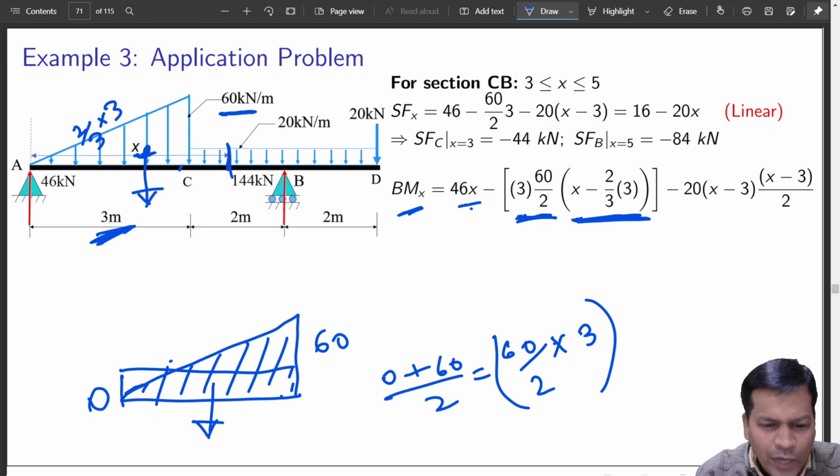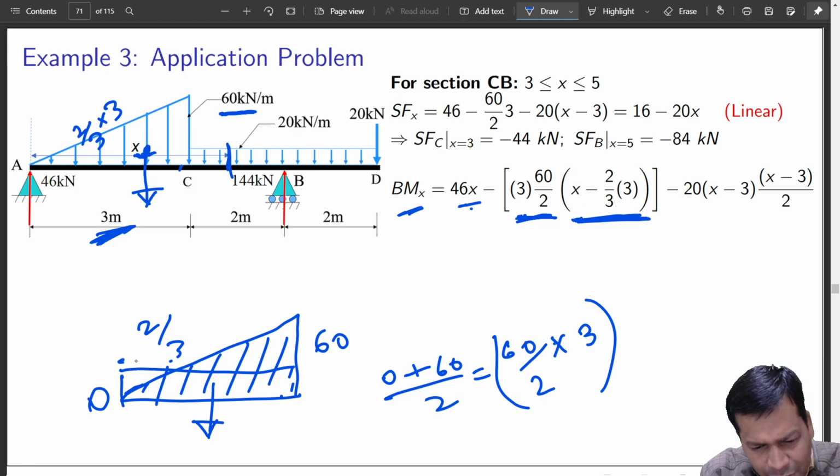Got it? And where does it act? It acts at a distance of 2 by 3 from this distance. It acts over here. And how much was that? That is 3 meter. So it acts at 2 by 3 into 3 from here. So how much is it from this?